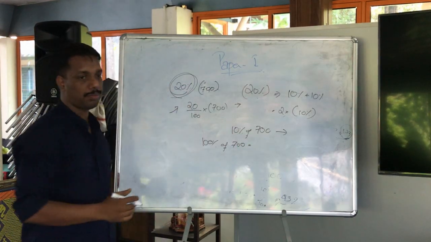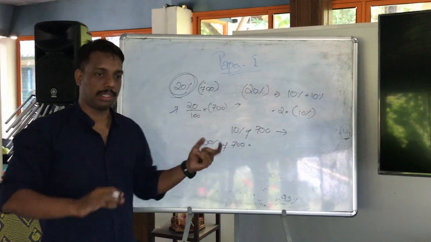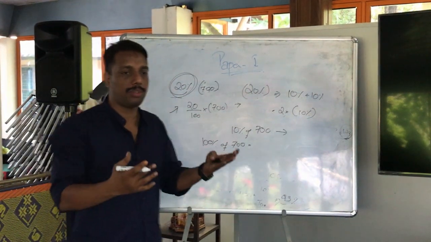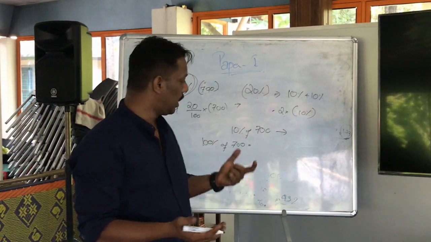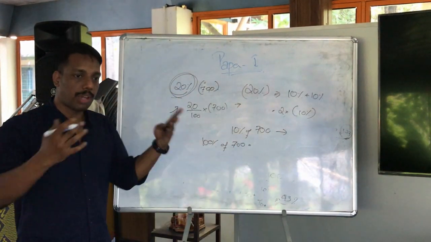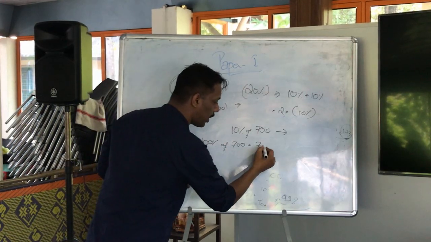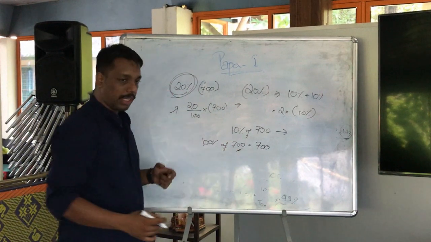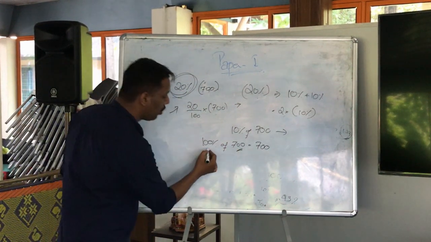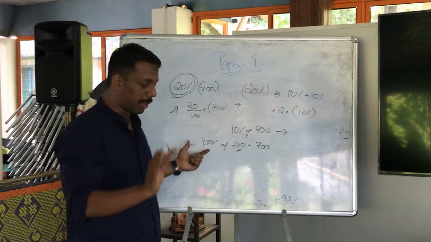What does it mean? 100% of a number means the number itself. 100% of 5 means 5 itself. 100% of number 10 is 10. 100% of 1000 is 1000. 100% of 700 is 700. So for a value 700, you can easily find 100%, the number itself.